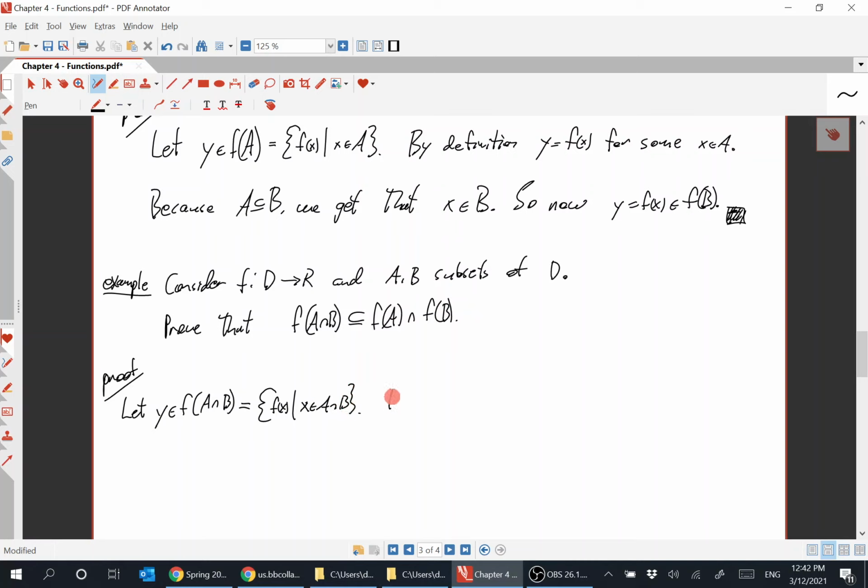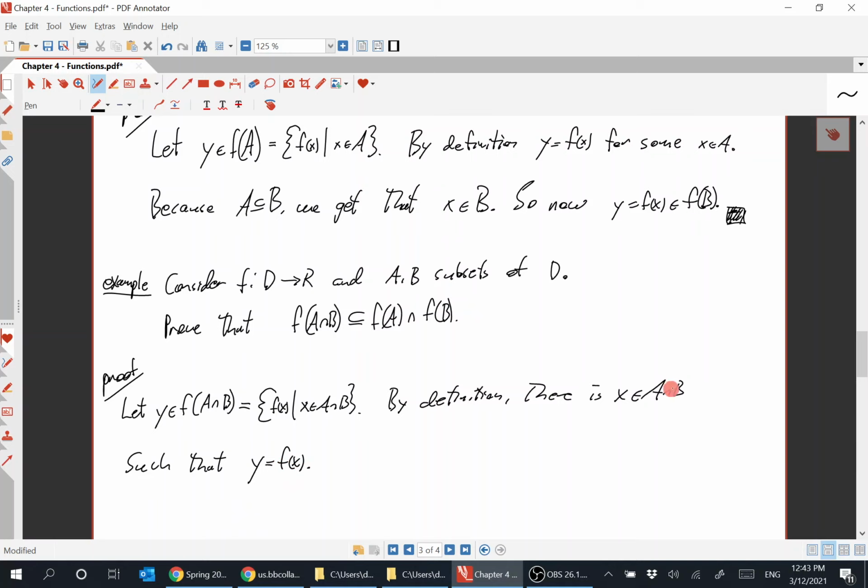So now by definition there is x in A intersection B such that what? Right, so y is an element of the image of A intersect B such that y is equal to f of x.